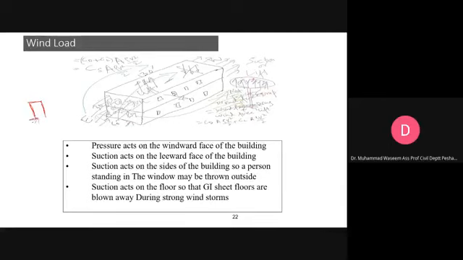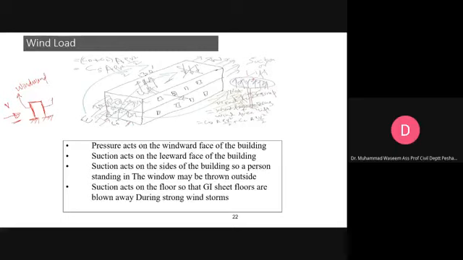This is a building, and the wind velocity is in this direction. The cross section or dimension is like this. The side facing the wind we call the windward side of the building.